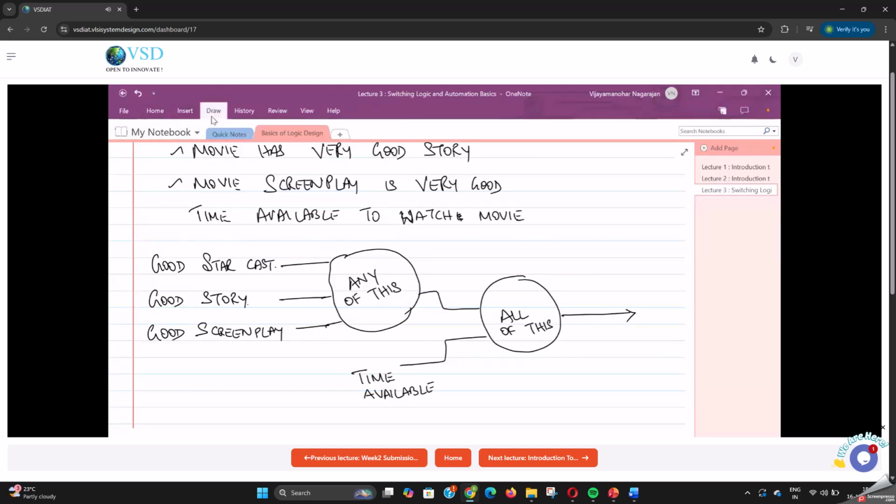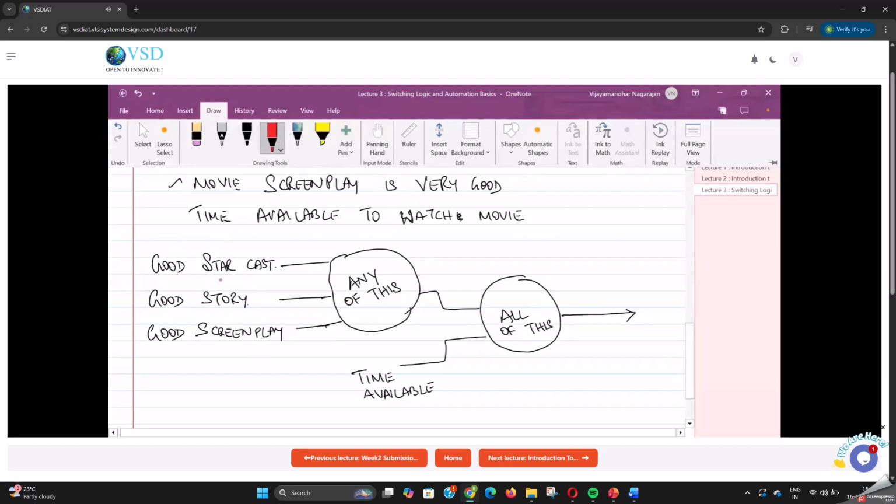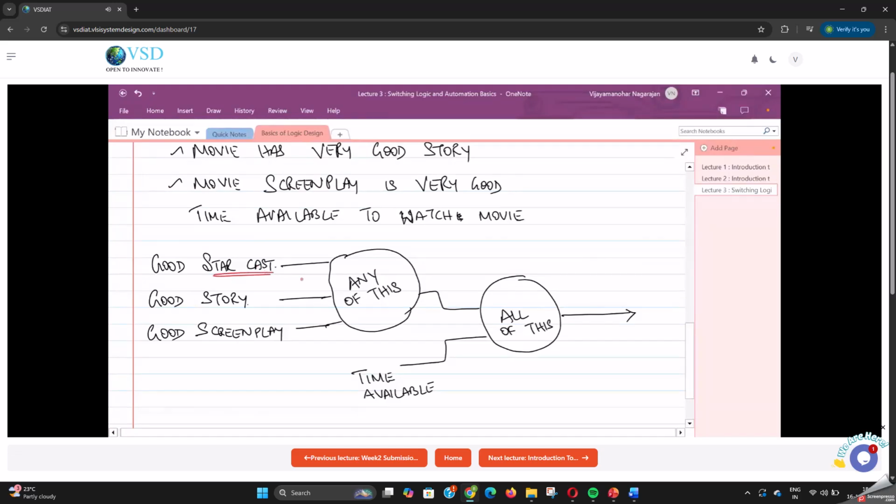Let us understand this in much more detail. Any means or, correct? I'm just playing with English here: or. So good star cast, or good story, or good screenplay. If any one of these conditions is met, this is met. I don't know what to call this, let me call it X. You will say condition X is met.